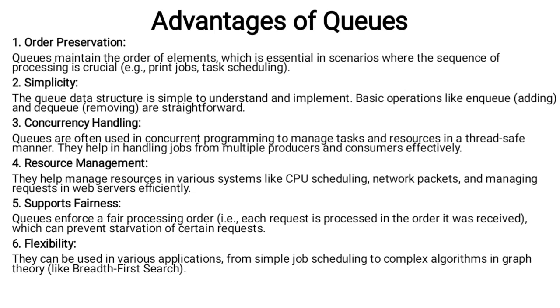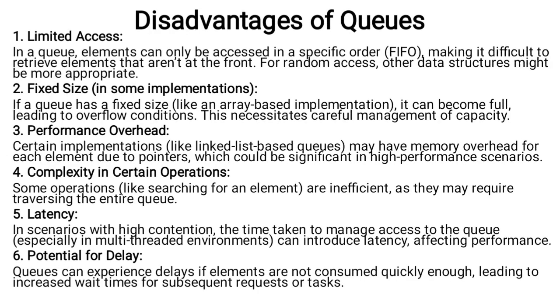Then let's understand the disadvantages of using queues. One disadvantage of using queues is that there is limited access. In a queue, elements can only be accessed in a specific order, that is FIFO, first in, first out, making it difficult to retrieve elements that aren't at the front.